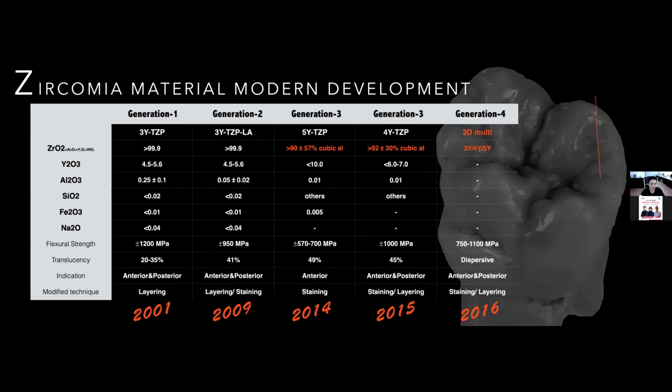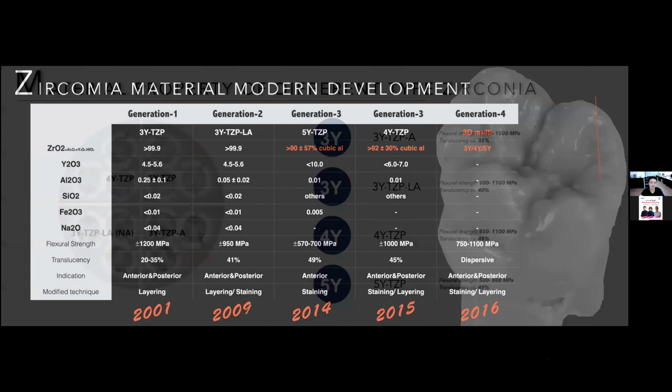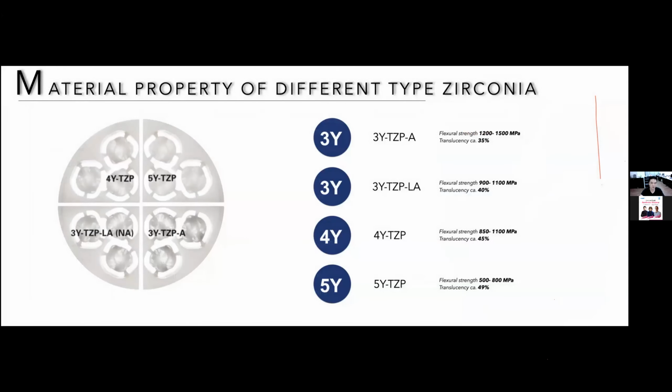So maybe nowadays we can choose to make our restoration without porcelain. Why? Because we get a very nice effect and beautiful zirconia. So maybe on the posterior crown, we just stay with zirconia to support the implant restoration. So it's without porcelain, so also without chipping.